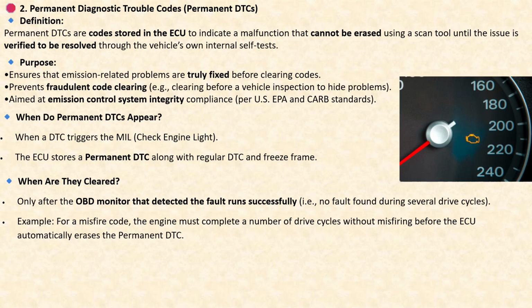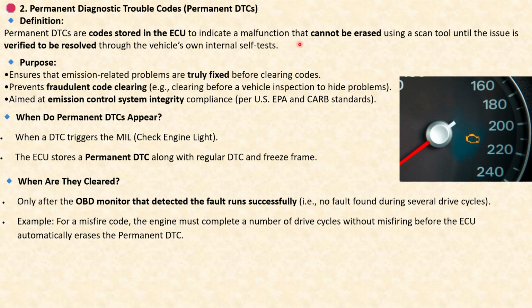Now, what is meant by permanent diagnostic trouble code? The definition of permanent diagnostic trouble code is: permanent DTCs are codes stored in ECUs to indicate a malfunction that cannot be erased using a scan tool until the issue is verified to be resolved through the vehicle's own internal self-test.